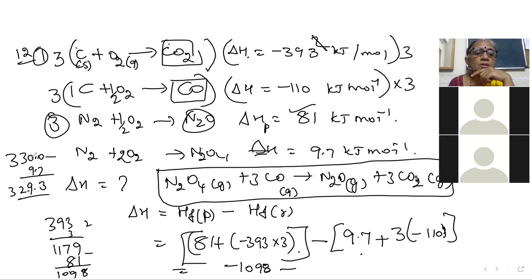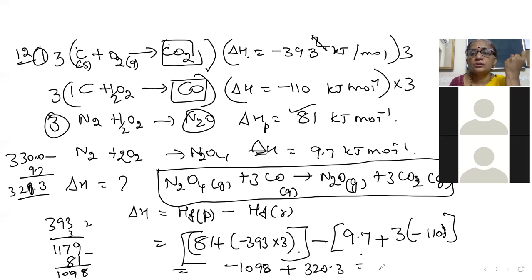Yes, 320.3. See, within the square bracket, the value is negative, isn't it? Minus of minus will become plus. Am I correct? So simplify this and tell me the answer.